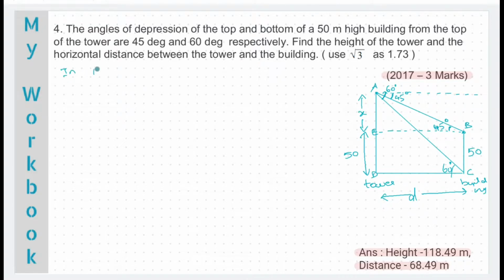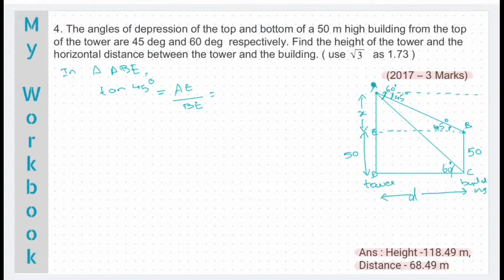In triangle ABE, this top one ABE, angle of elevation is 45. So tan 45 is opposite side divided by the adjacent side. So it is AE by BE.